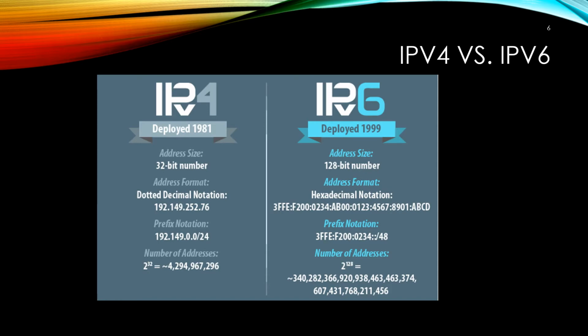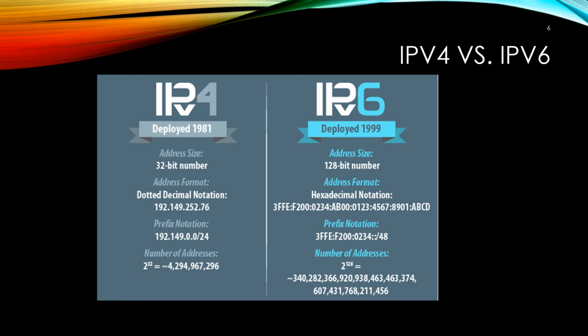IPv6 offers these improvements over IPv4: more efficient routing without fragmenting packets. It's built into quality of service, which distinguishes delay sensitive packets. It eliminates NAT by extending the address space from 32 bits to 128 bits.